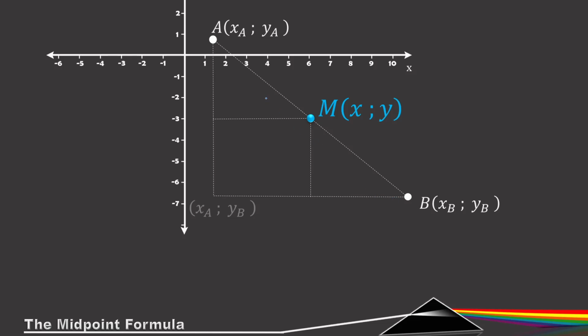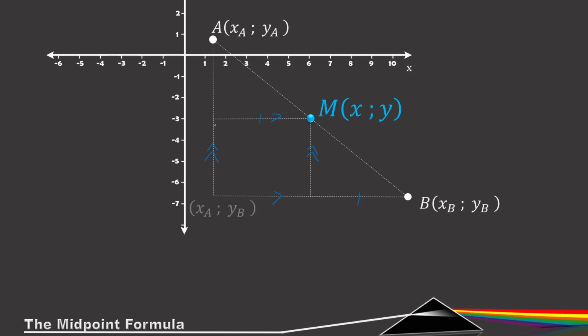Just to run through what the proof does: it says that these two triangles are congruent to each other, meaning that these corresponding sides must be equal to each other. Then also we've constructed these lines in such a way that both of these lines run parallel to the x-axis and both of these lines run parallel to the y-axis.